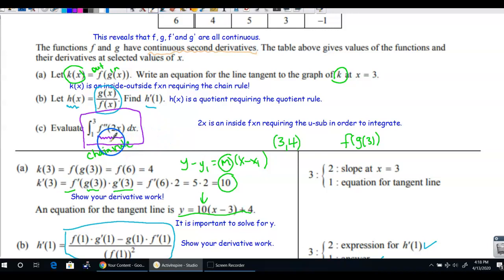If we're going to integrate f double prime dx, you're going to get back to f prime. All right? Also, though, there is an inside function right here. 2x is inside. So when we integrate with an inside function, we are going to need u substitution. And you'll see my u substitution work down below.